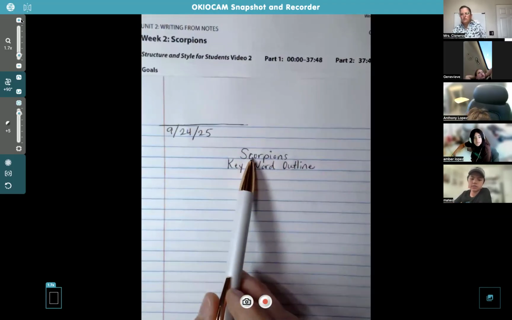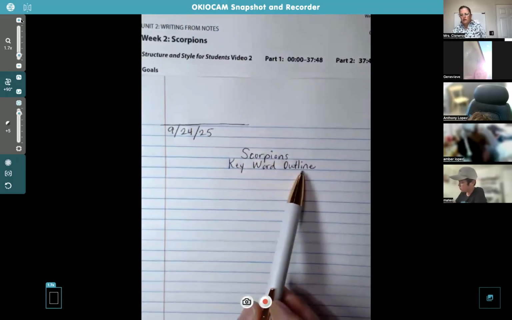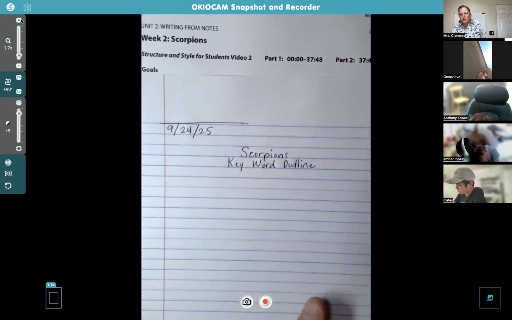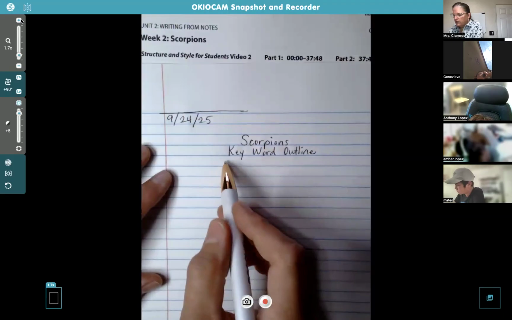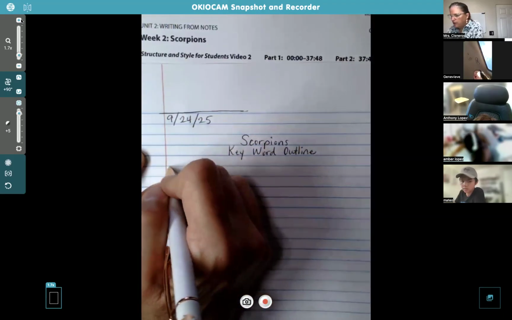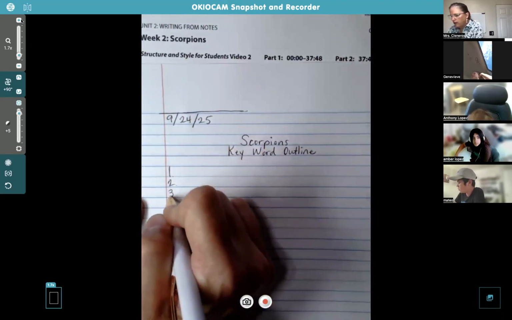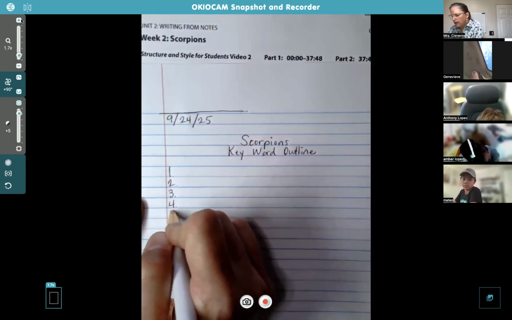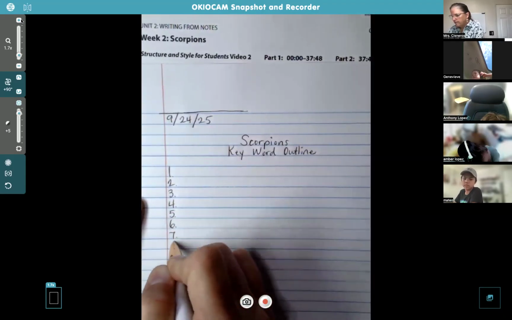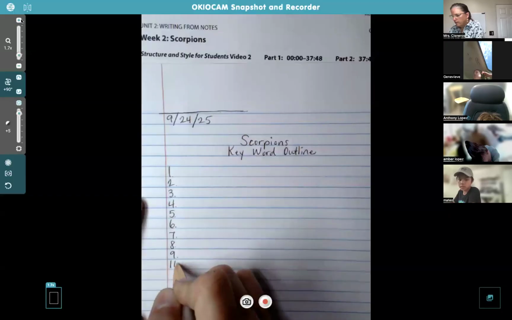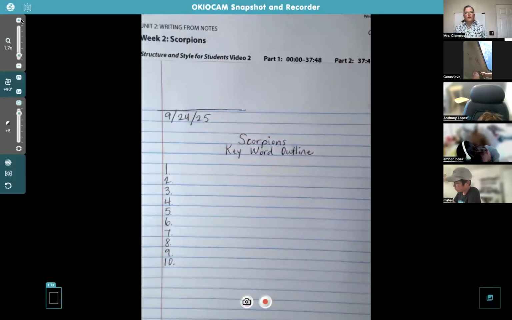Skip a space, scorpions, keyword outline. And one more thing you're going to do, and I'll wait till you're done: you're going to skip a line again. And this time you're going to write 1 through 10 over here next to that red line. Okay, once you got that all written down, give me a thumbs up. I'll wait for you guys.